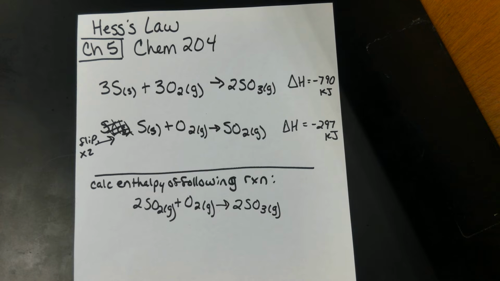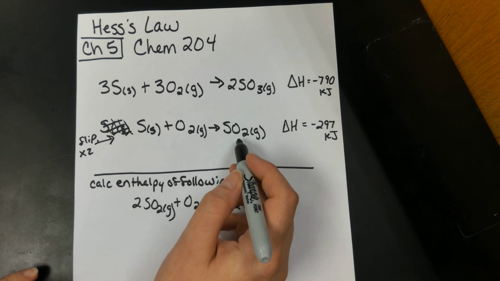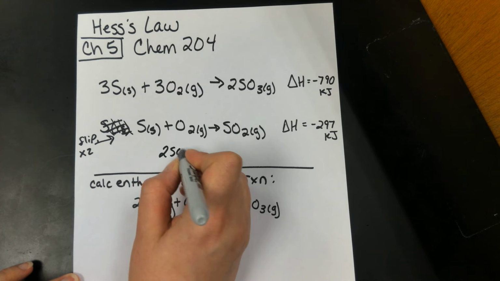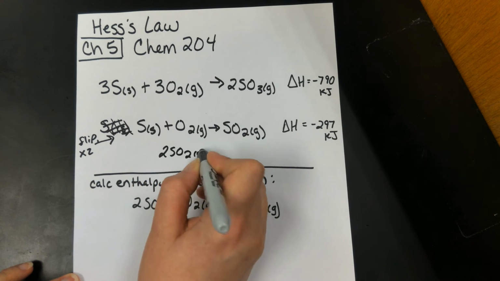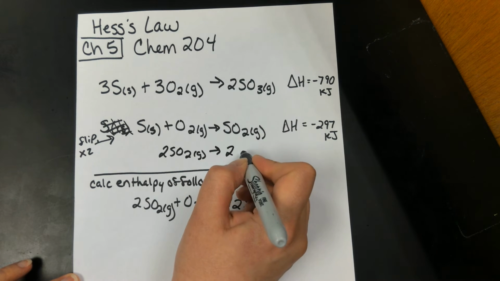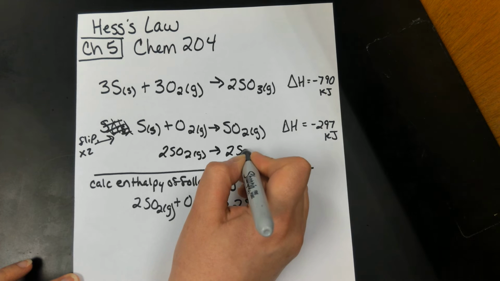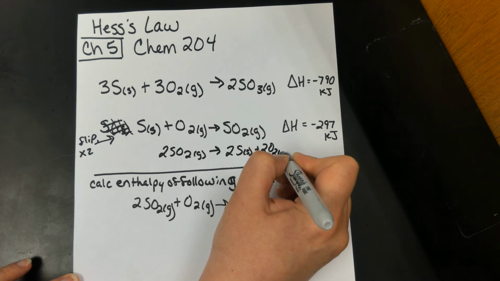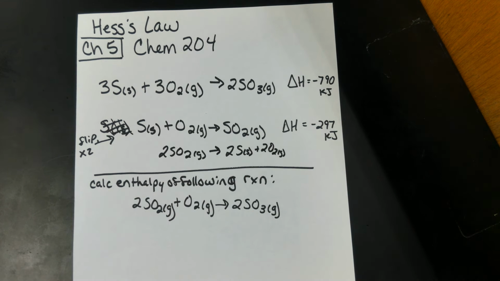So let's go ahead and write that out. If I flip it, I end up with 2 SO2 on that side, and I end up with 2 sulfur solids and 2 oxygen gases, right? So I flipped it, and I multiplied everything by 2.